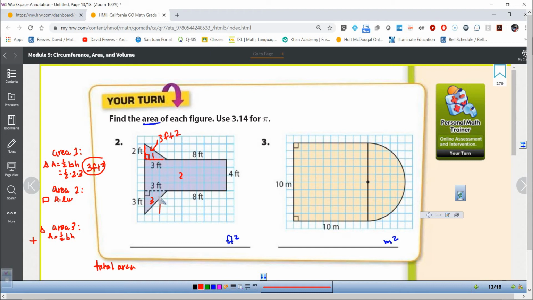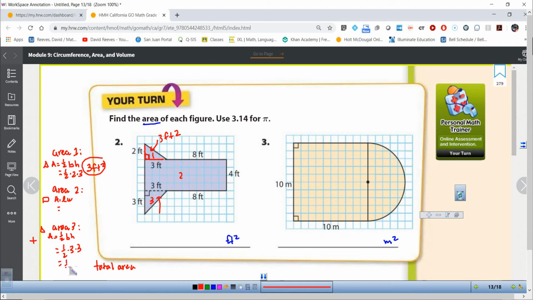What about this triangle right here? Well, that one, the length, I'm sorry, I did it again. The base and the height are both 3. Oh, actually, that was doing the triangle down here. My bad. All right, here we go. 1/2 of 3 times 3, right? The base and the height are both 3.